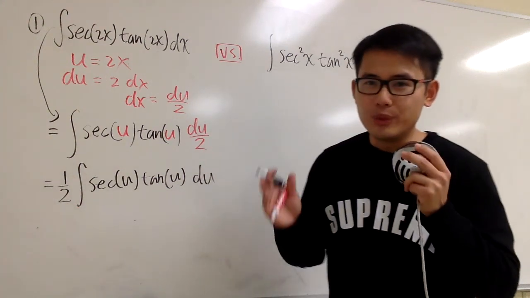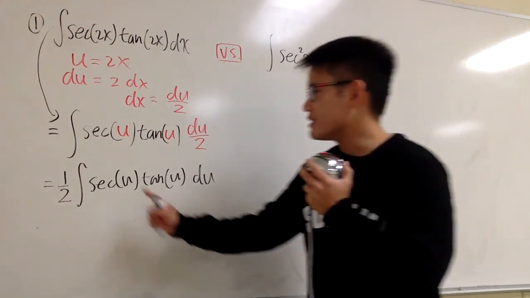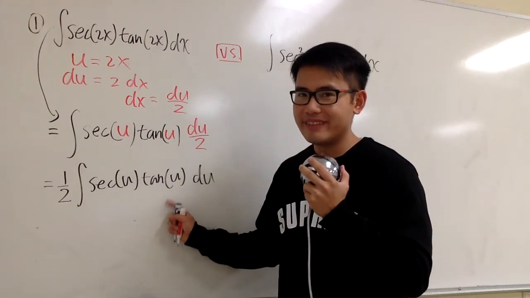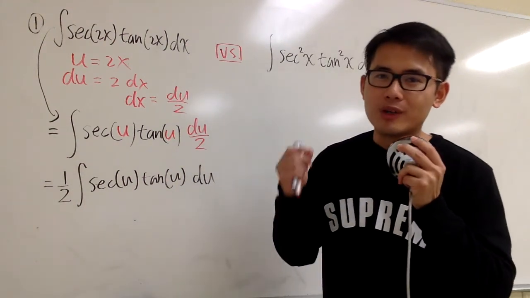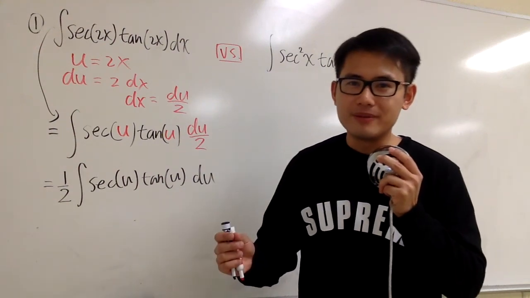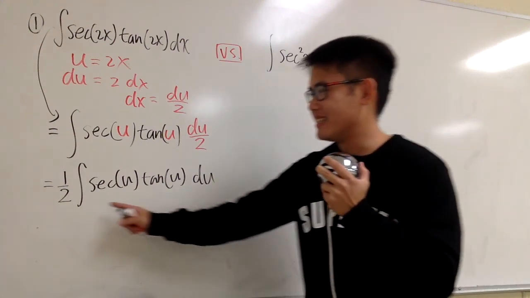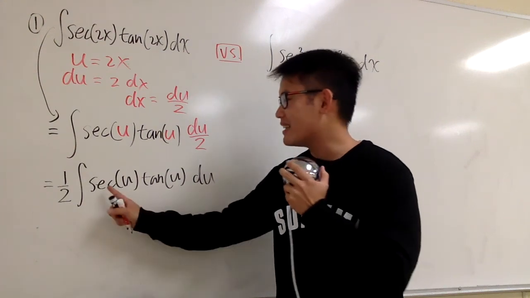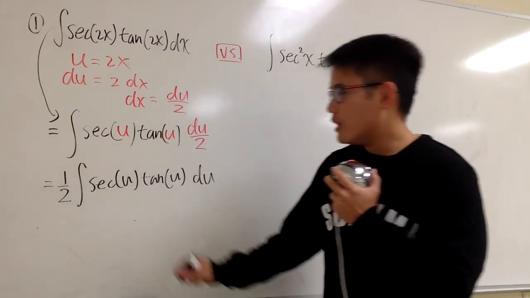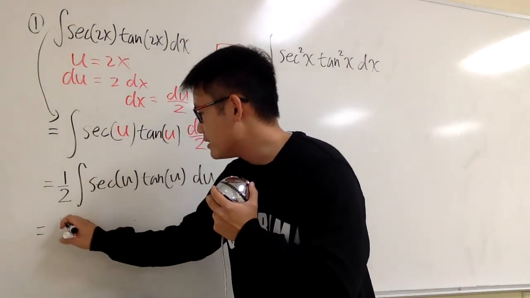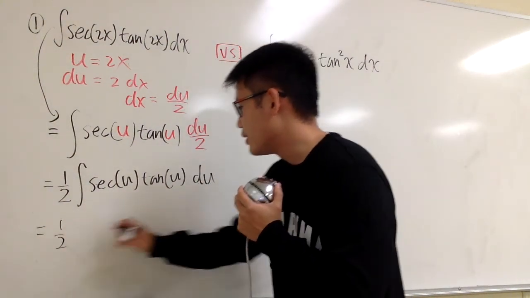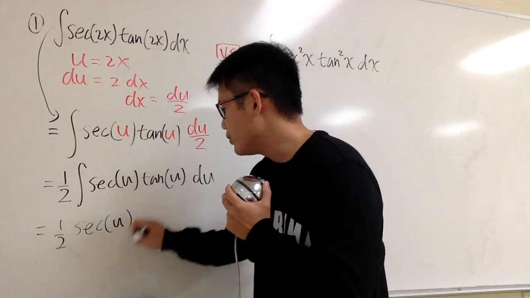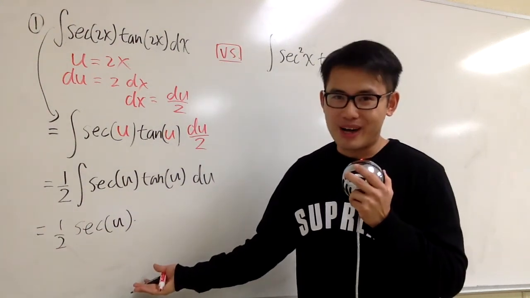In another word, do we know the derivative what function will give us secant u tangent u? This is the moment that we have to know our derivative table really well. The answer to that is secant u. The derivative of secant u will give us exactly secant u tangent u. Therefore, I can finish this by saying this is 1/2 and all this is just secant u. And then we are done with the integration part, okay?